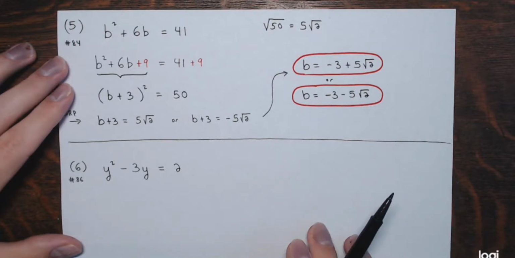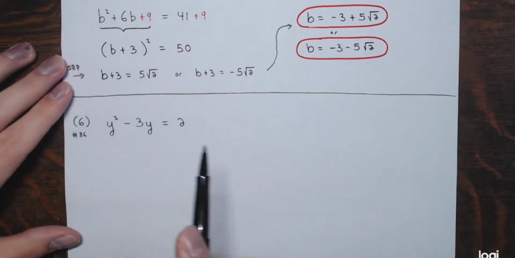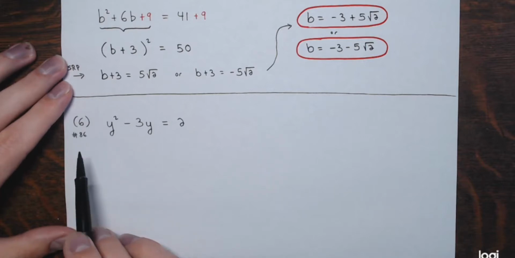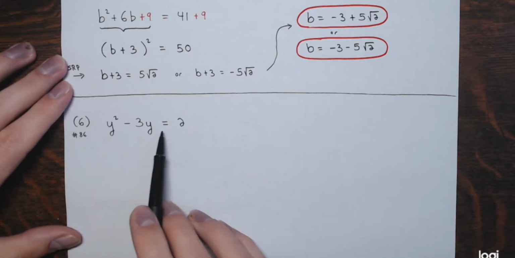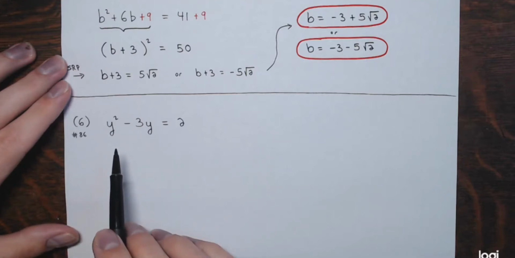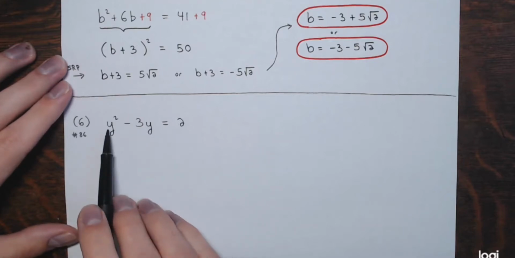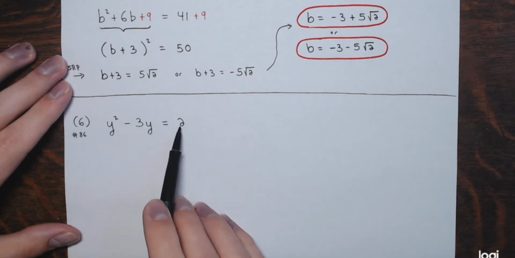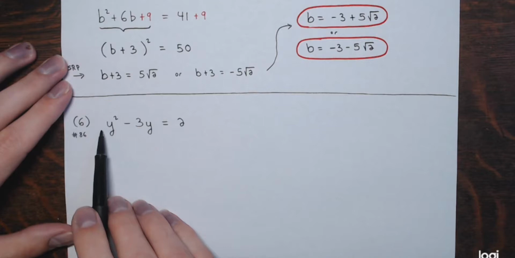All right. Next question. Example 6, exercise 86 from the text. Once again, it is set up the way I want to try completing the square. The quadratic term and linear term are on their own side, got a number on the other, and the quadratic term has a coefficient of 1.